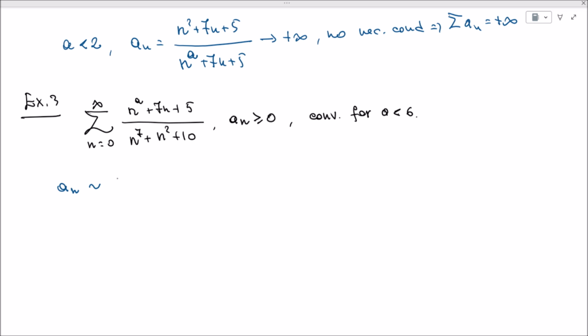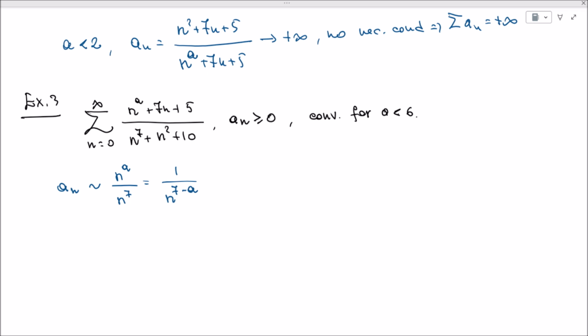Well, we have n to the a at the numerator, right? And we have n to the 7 at the denominator, right? Which is just like writing 1 divided by n raised to the 7 minus a.